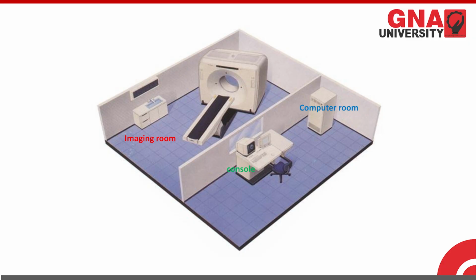This is the room where the computer system as well as the image display system are placed. For visual contact between the two rooms, we have a lead glass right here. With the lead glass, we have visual contact with the patient. Also, if we have to communicate with the patient through audio, we have a microphone and a speaker system attached to the gantry.